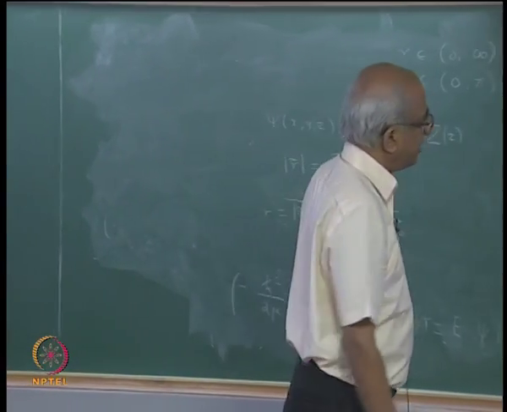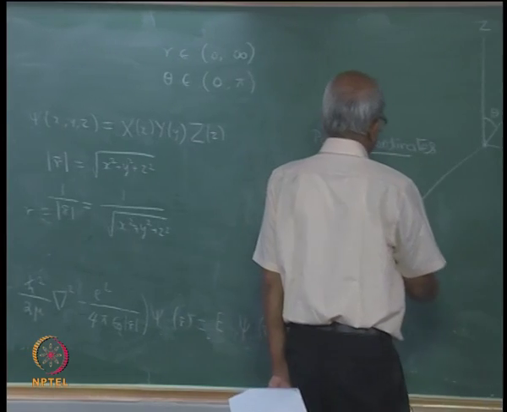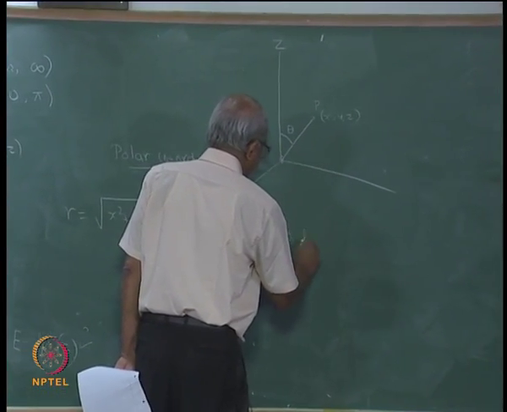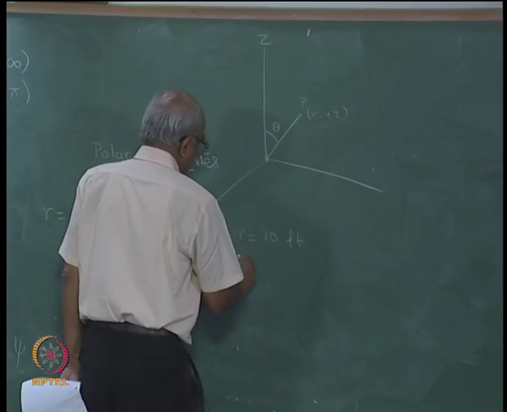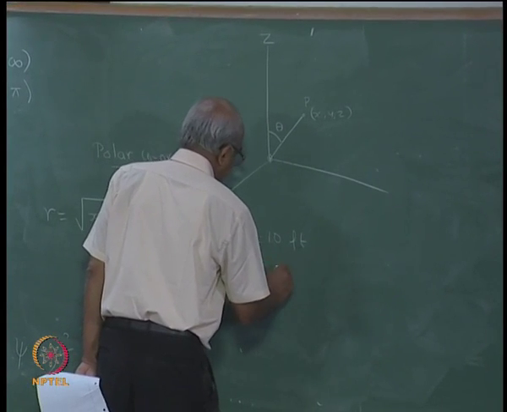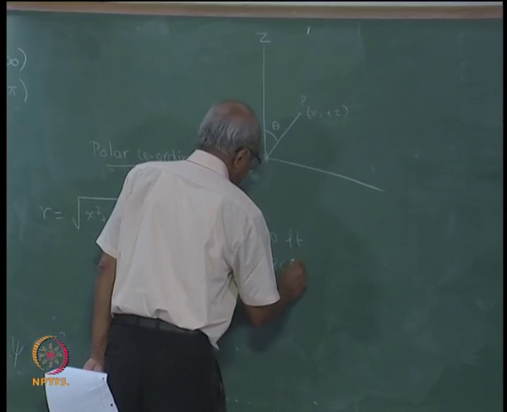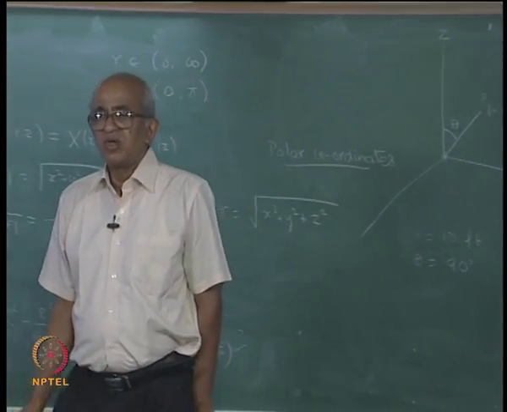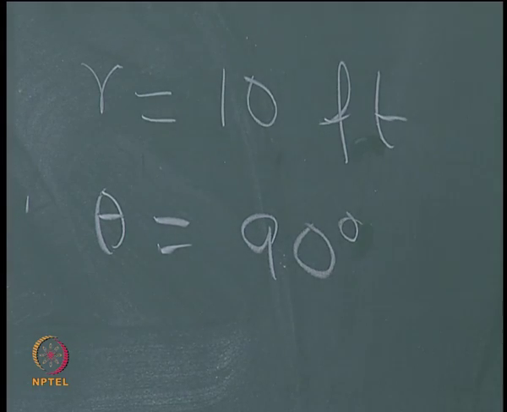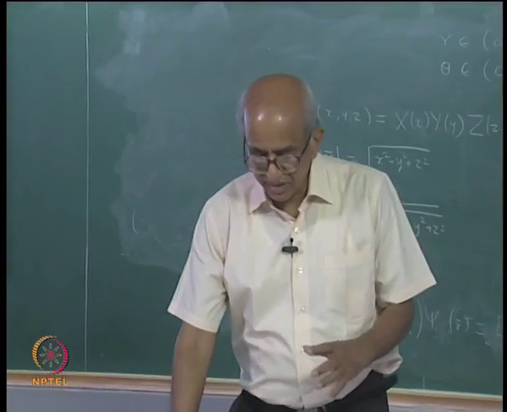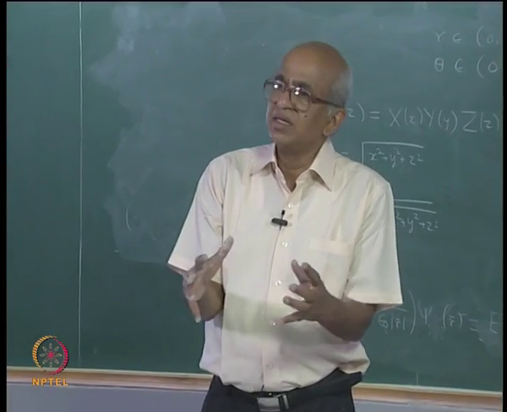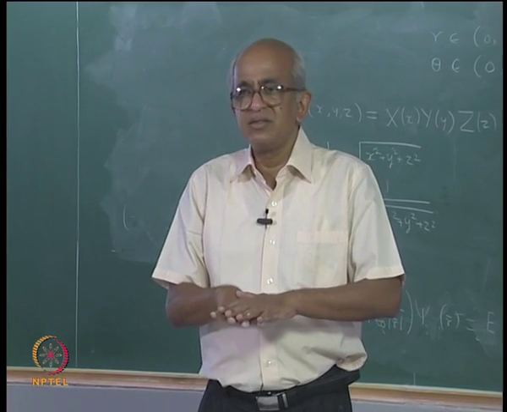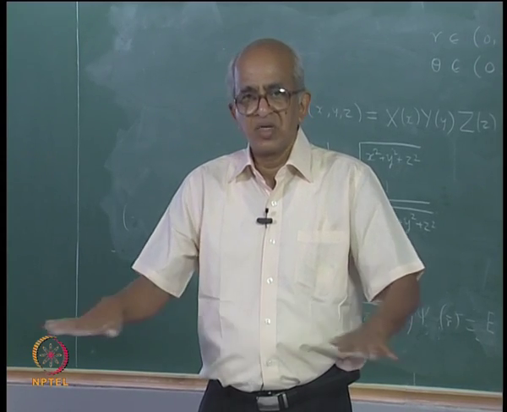So, now if I told you that r is equal to 10 feet and theta is equal to 90 degrees, suppose, what will you say? Well, the first statement implies that it is on the surface of a sphere having radius 10 feet. The second statement says that it is in the xy plane.